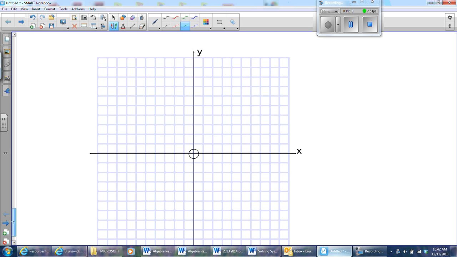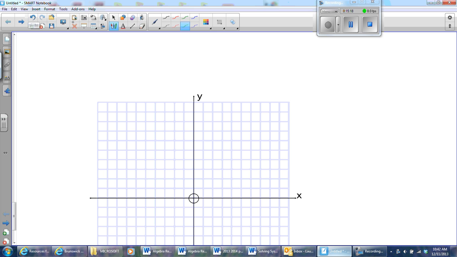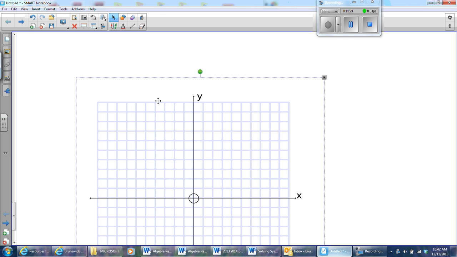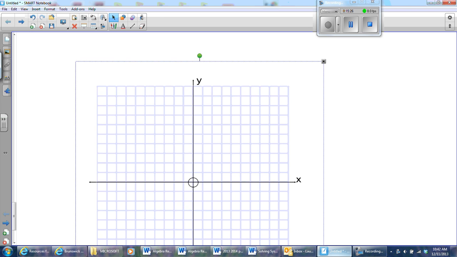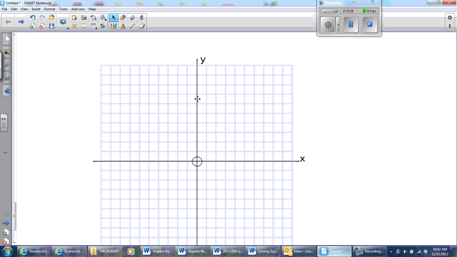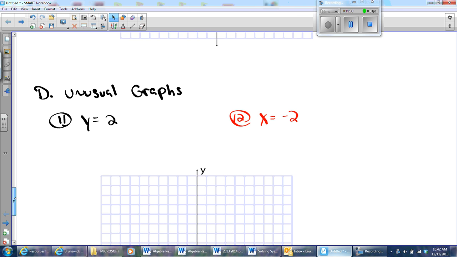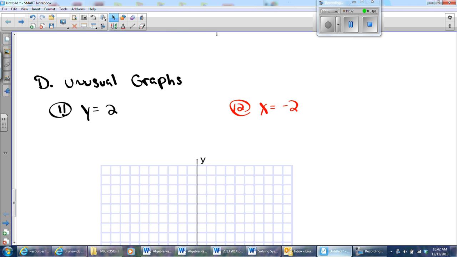Now, we do have some unusual graphs too, and they're actually easier than all the other ones. Unlock him and move him up a little bit. Oh, I know why I locked him. That's right. Okay. Now, some of you are going to have such a hard time with this, but all you have to do is make an input-output table. X and Y. Okay. And what do you want X to be? Well, I want it to be 1. What's Y? Well, Y equals 2.